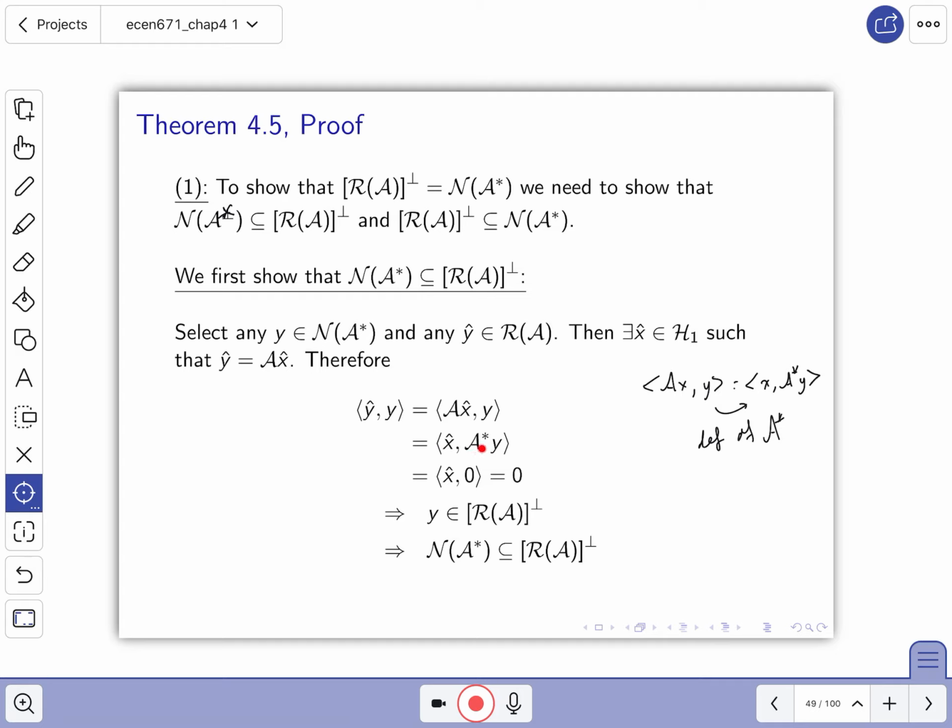Now, what do we know about Y? Well, it's in the null space of A star. So A star times Y, that has to be equal to 0. And so we get that X hat is inner product with 0. Of course, you inner product anything with 0 and you get 0. So that implies that Y hat and Y are, in fact, orthogonal to each other.